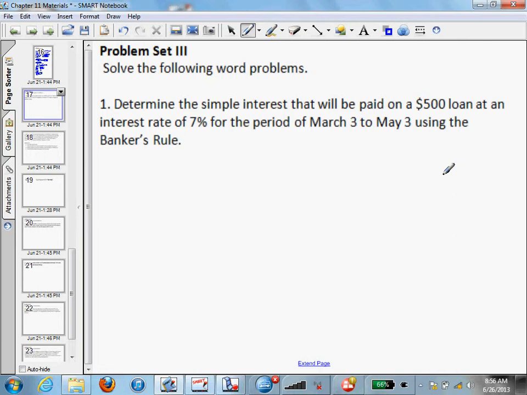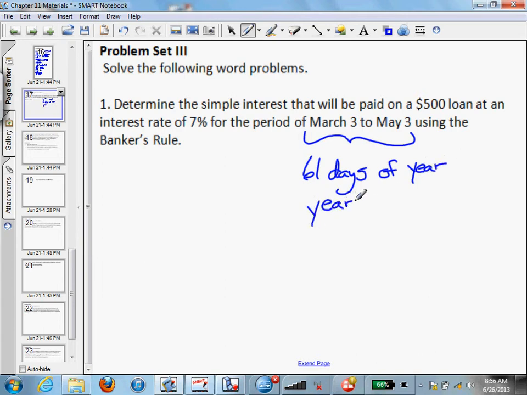It says determine the simple interest that will be paid on a $500 loan at an interest rate of 7% for the period of March 3rd to May 3rd using the banker's rule. Between March 3rd and May 3rd, that's going to be 61 days of the year, and a year equals 360 days.